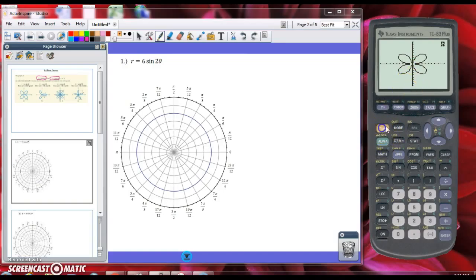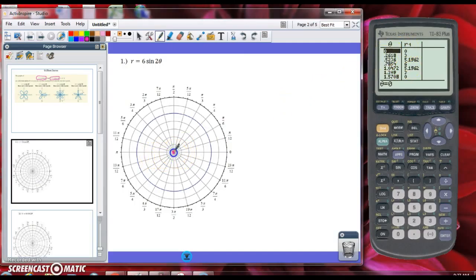If you hit second graph, it will give you your table, and it will give you all the values going up by pi over 12. Okay, so the first one is 0, 0. And then at pi over 12, we're here at 3, so 1, 2, 3. At pi over 6, we're at 5.2, so that's right about there.